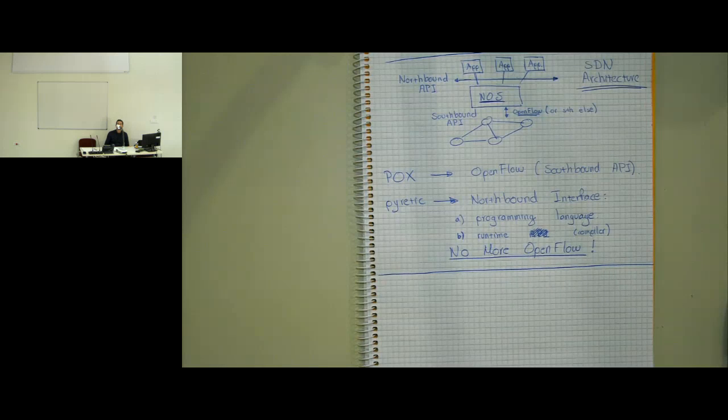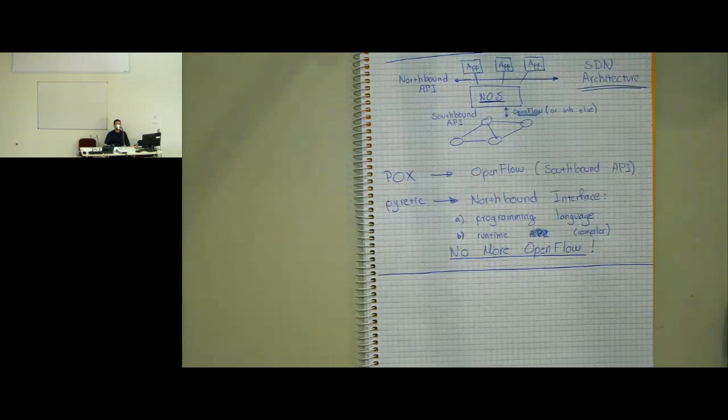Moreover, another key feature of Pyretic is that it supports composition. So this means, as we will see with examples today, that if we have one function and then a second function that implements a different functionality, like the first one could be a NAT, the second could be a MAC learner, and so on.